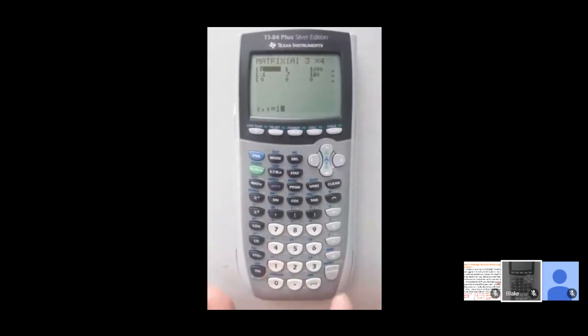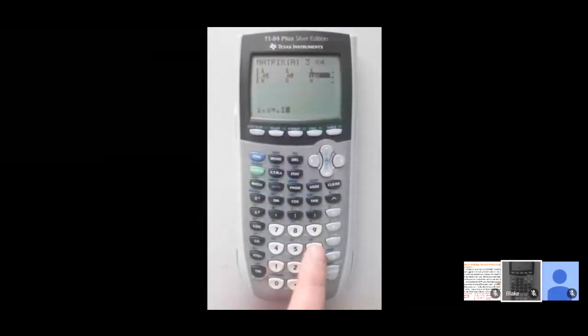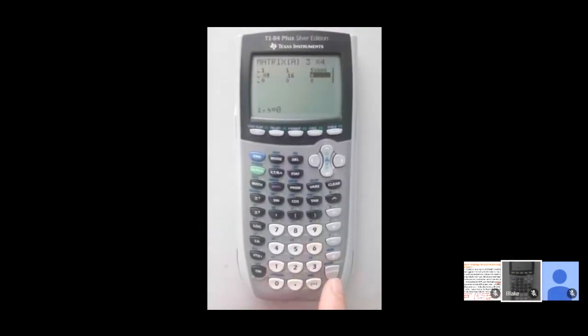That first row, we're going to have 1, 1, 1, 50,000. Our second row, we have 0.05, 0.09, 0.16, and 4,000.